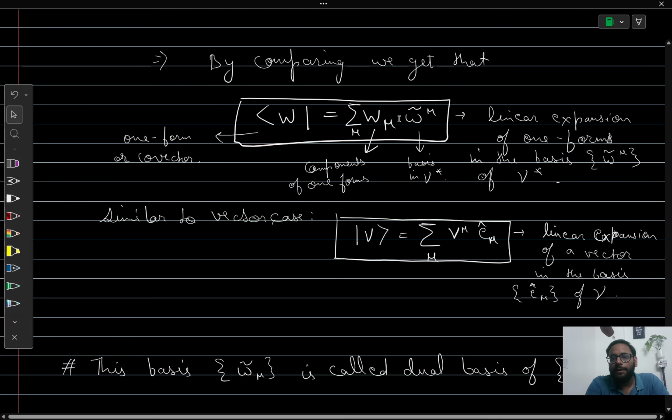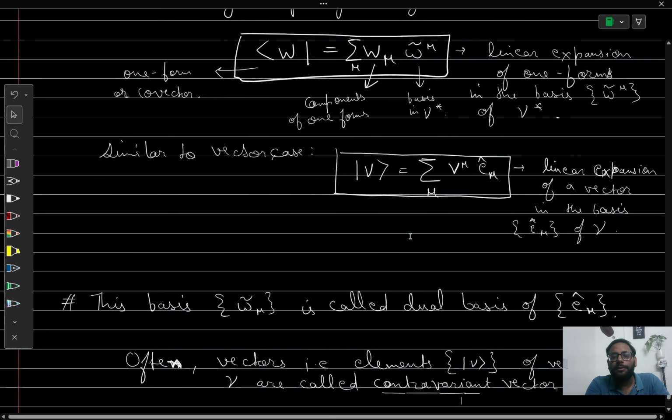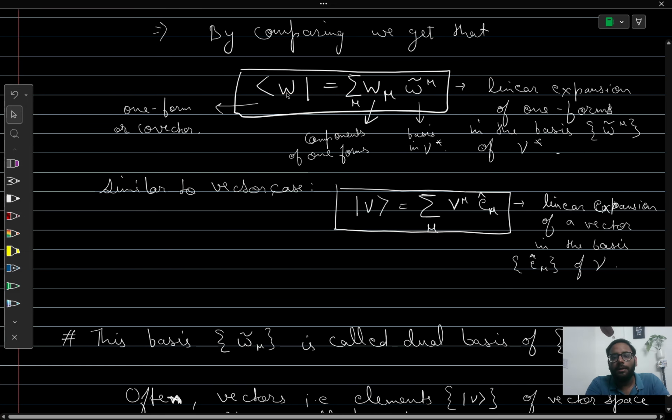That's why the components of vectors are denoted with upper indices, and the components of covectors, or one forms, or dual vectors, with lower indices. We will see how the bases differ from the components.